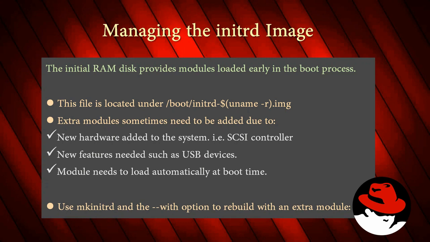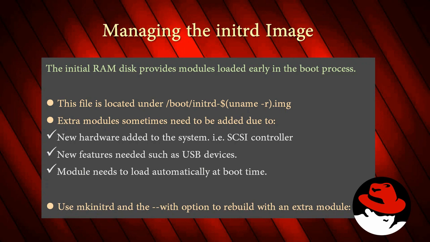Then you can manage initial RAM disk, which provides modules loaded early in the boot process using the initrd command. This file is located under boot initrd and the image name. It provides you extra modules that sometimes need to be added for the following reasons.